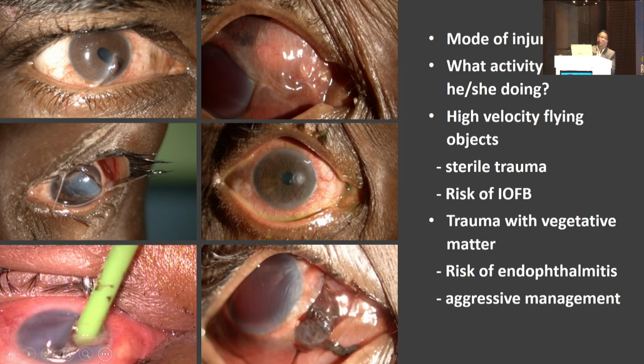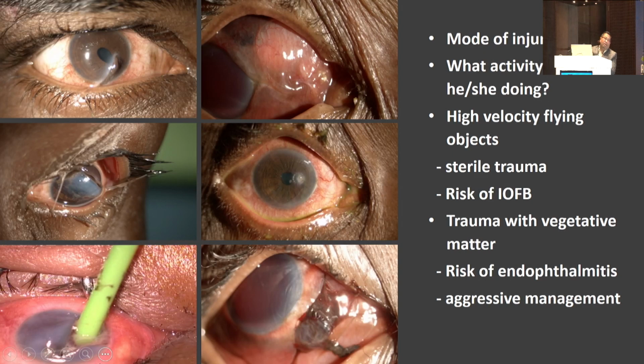And this is how the patient comes to us in the eye clinic. You can see the various layers of the eye involved, and also the various zones of the globe involved. Accordingly the management differs, but the main thing is history taking.